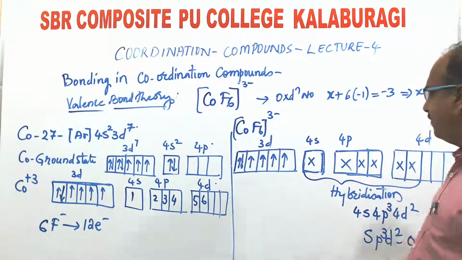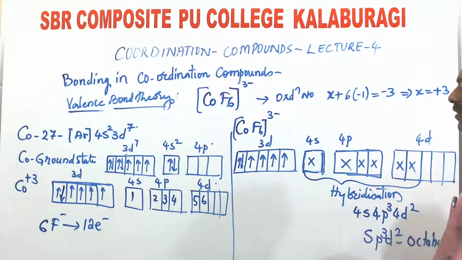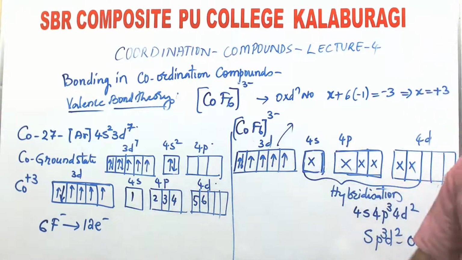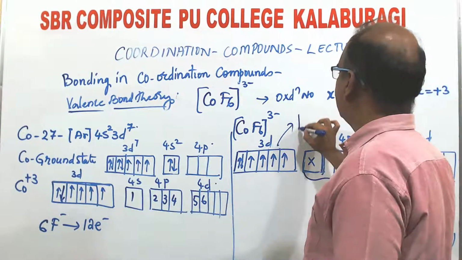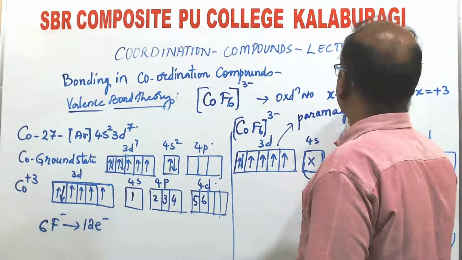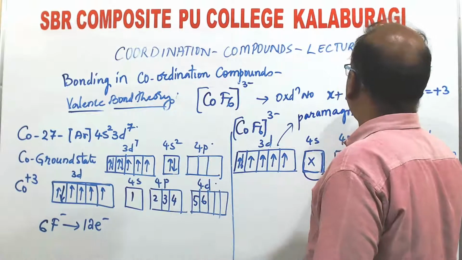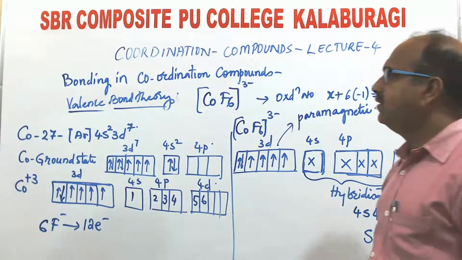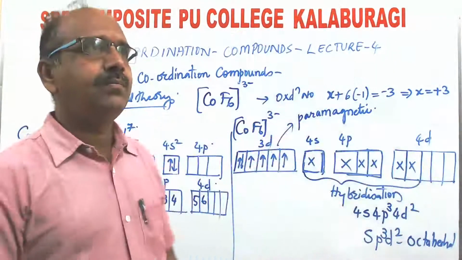So 6 pairs of fluorine electrons are occupied in this. So sp3d2 octahedral, and since there are unpaired electrons, 4 unpaired electrons are there, this is paramagnetic in nature. sp3d2 hybridization for CoF6 3 minus.